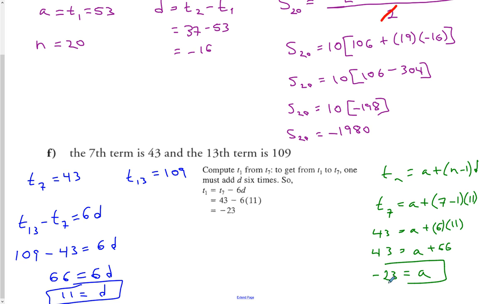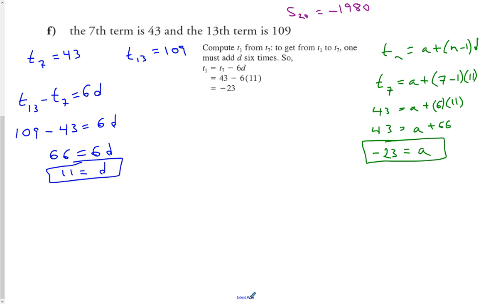So I used the general term formula to solve for A. The textbook and their solution set that you've got access to that's posted on Edsby said, here's a different way, subtract your common difference 6 times from term 7, and that'll take us back to term 1. Both work just fine. Okay, now we're going to need to do the sum.